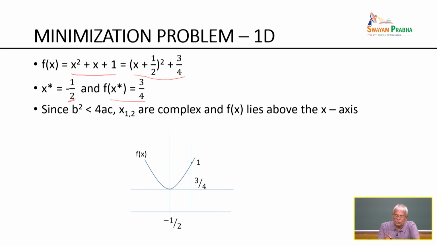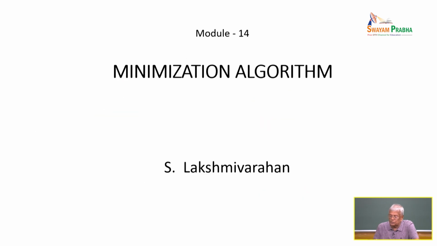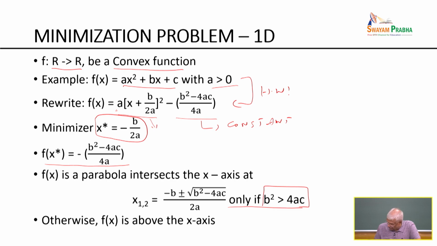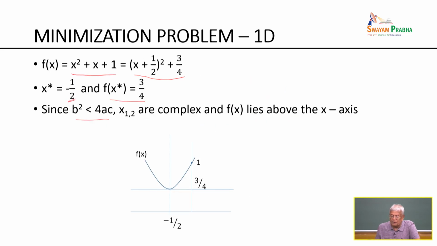In this case, b square is less than 4ac. So, the two roots are complex. I am working in the real plane, so there is no zero crossing along the x axis. The function lies above the x axis. So, that is an example, and this is the minimizer. The minimum occurs at minus half.